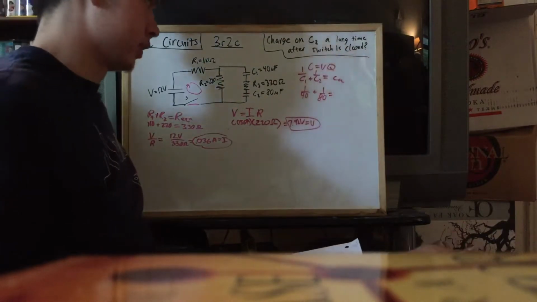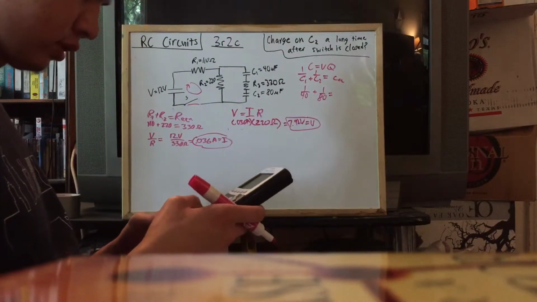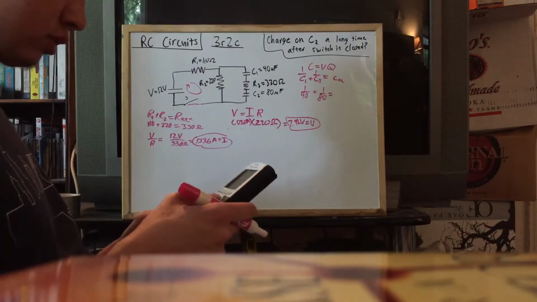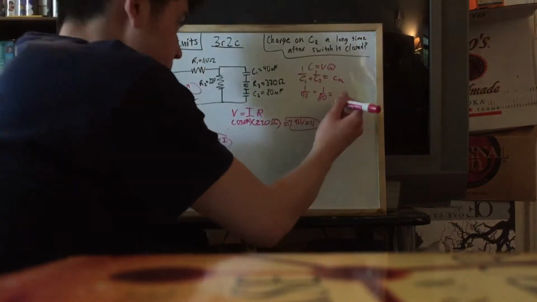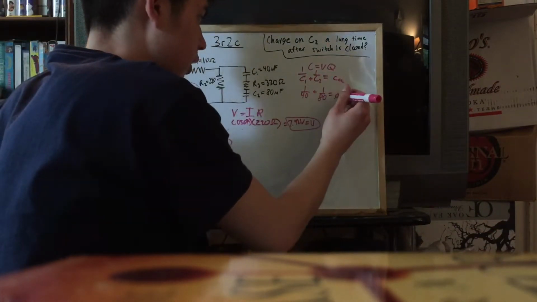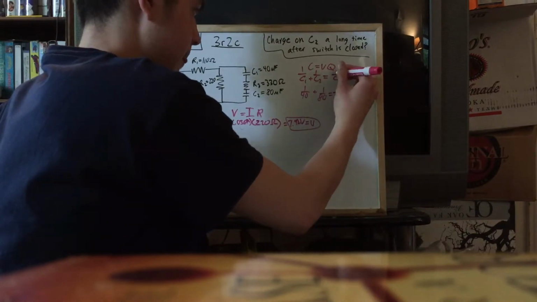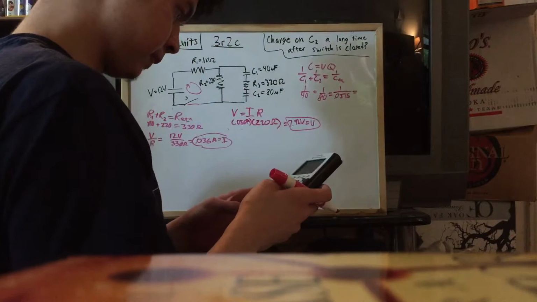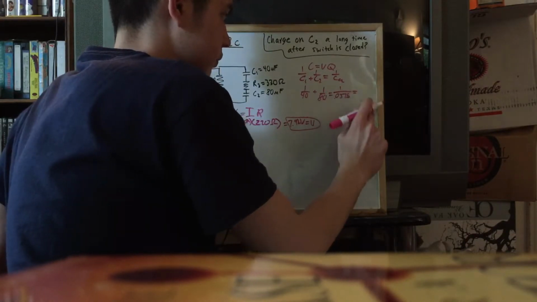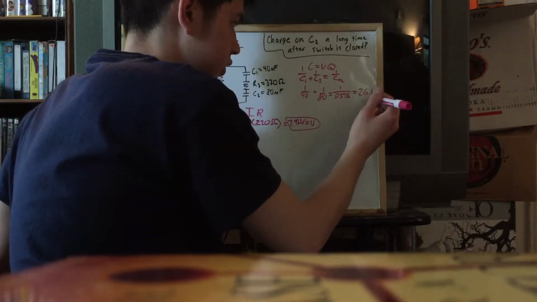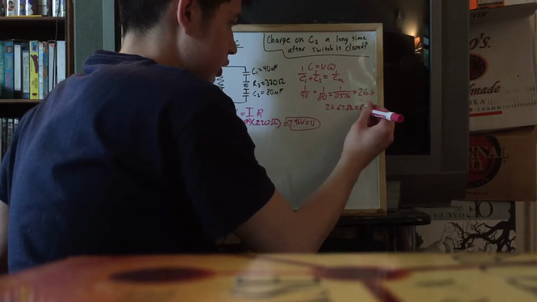I can do the math right here: 1 divided by 40 plus 1 divided by 80 gives 0.0375, and then 1 divided by that gives 26.67 microfarads. That'll be your C equivalent.